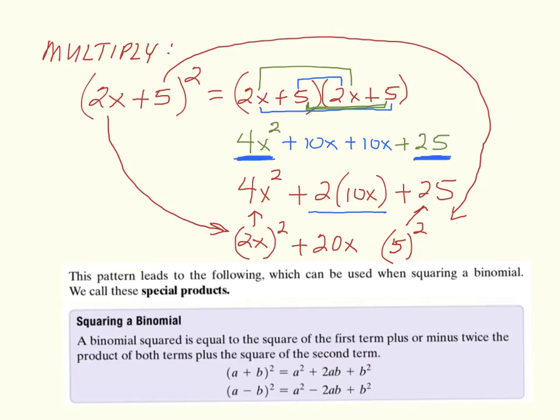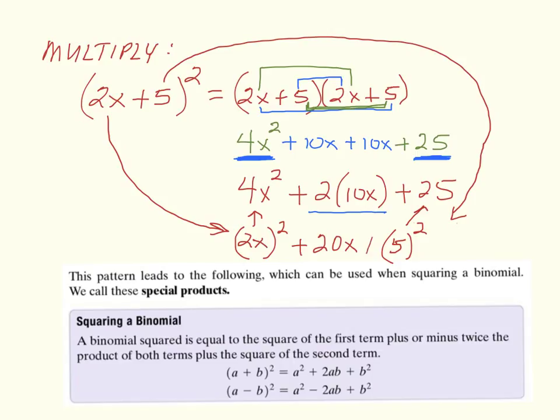And that's going to be your middle term. Just like, look at mine up at the top. 2x, we squared it. That gives us 4x squared. 5, we squared it. That gives us 25. Then I take 2x times 5. The a times the b times 2 gives us 20x in the middle.